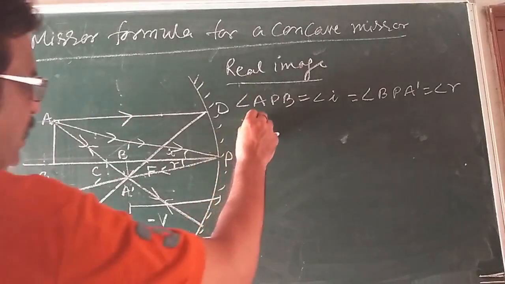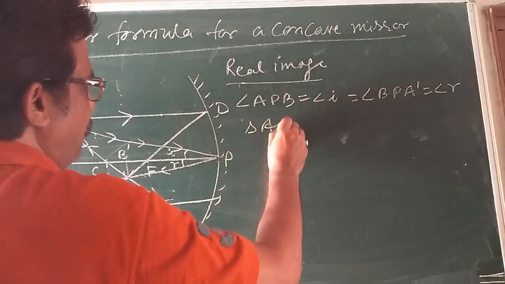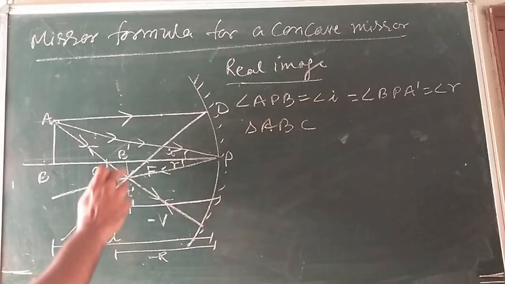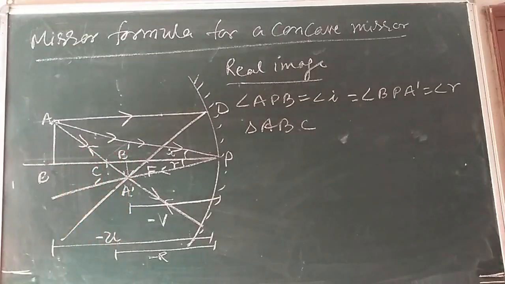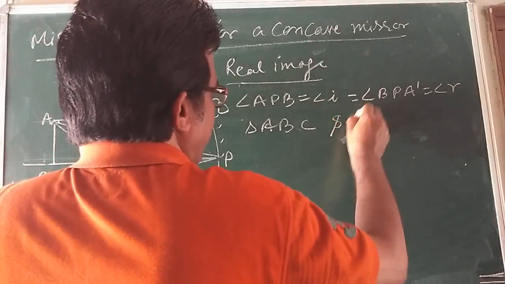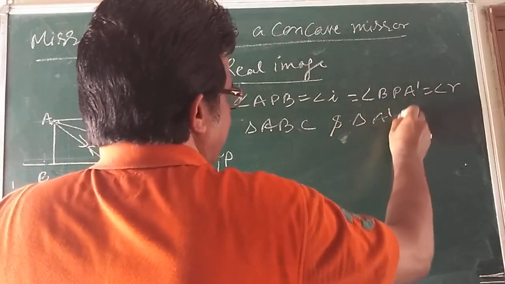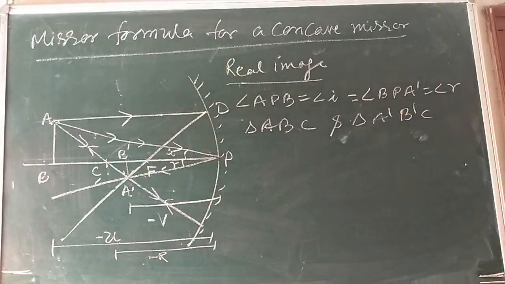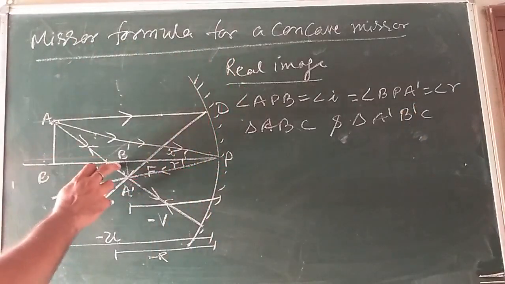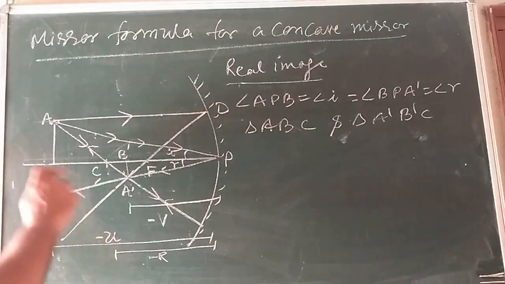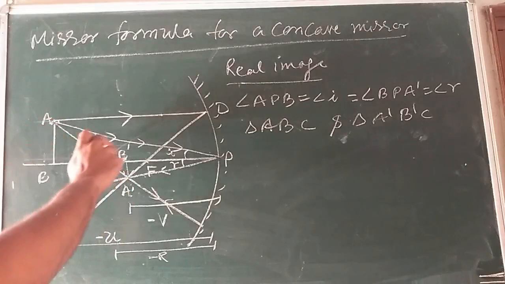So in a triangle ABC and a triangle A dash B dash C, both are similar triangles on the same line. Here is the angle 90 degree.